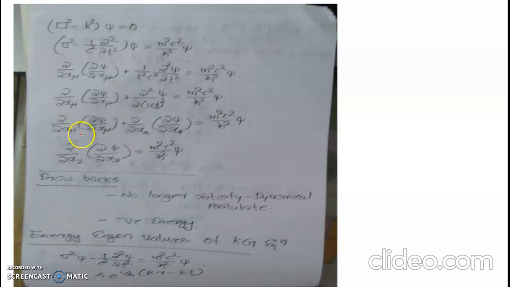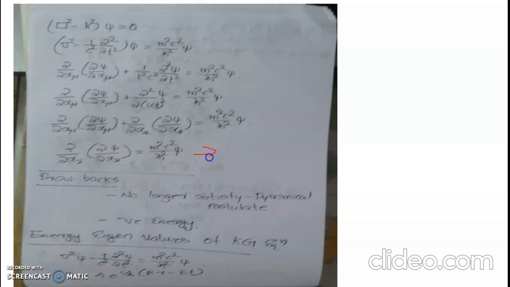That is ∂/∂x_mu of ∂psi/∂x_mu plus ∂/∂x4 of ∂psi/∂x4 equal to m square c square by ħ square psi. Or ∂/∂x_nu of ∂psi/∂x_nu equal to m square c square by ħ square psi.